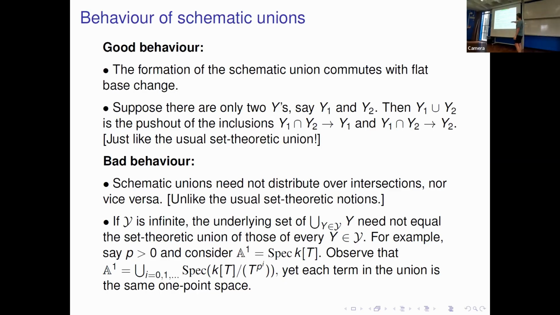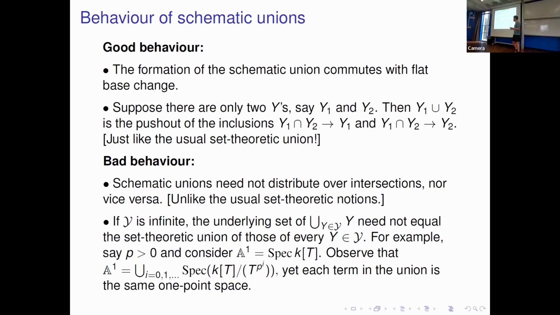So we have an example where we just have affine space, the spectrum of the polynomial ring. Then we can write it as the schematic union of all these quotients. So remember what I said schematic union was? We're taking the intersection of all these ideals. What is the intersection of all these ideals? It's just trivial.